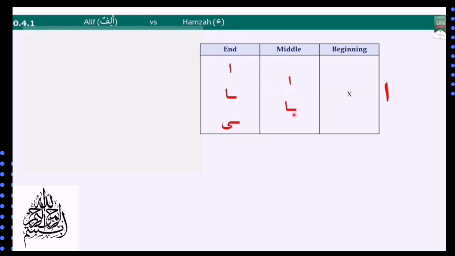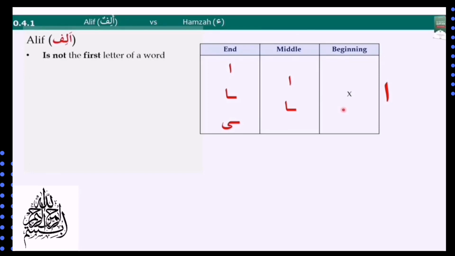It'll be written like so, or it can come at the end, where it can be written like so, or like this, or even as a dotless Ya, Ya without dots. So these are all different types of Alif that are written, but never at the beginning of a word. So Alif is not the first letter of any word in the Arabic language.